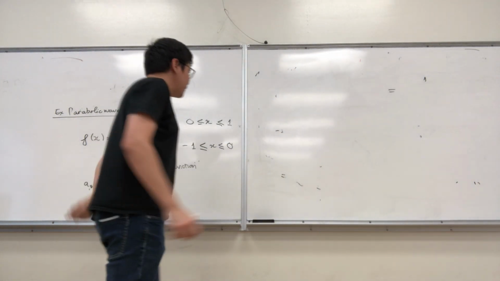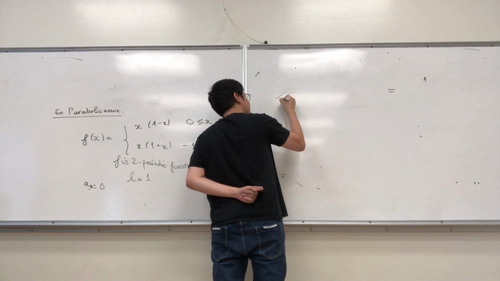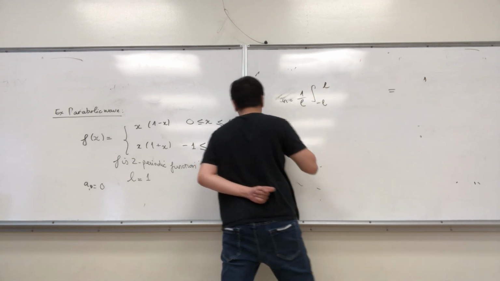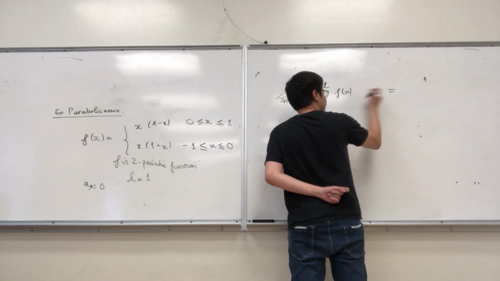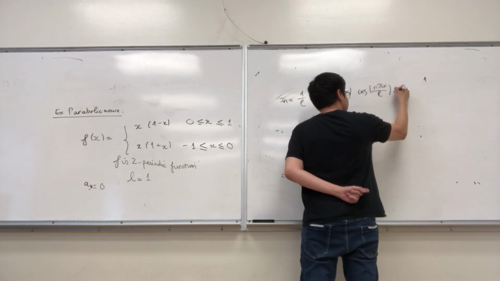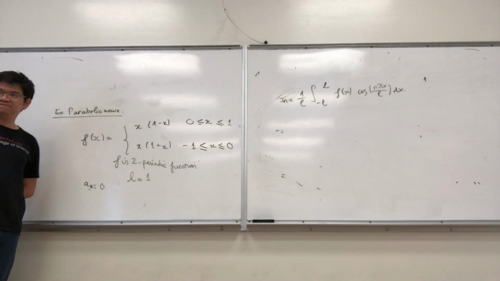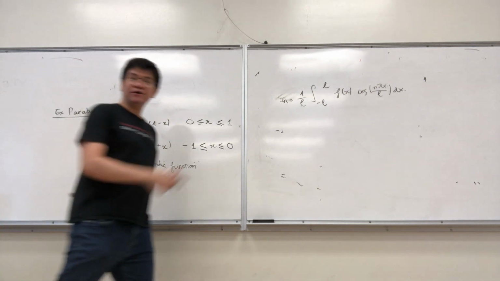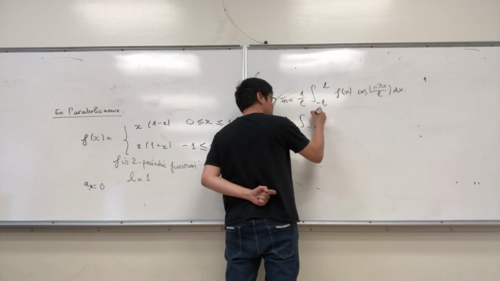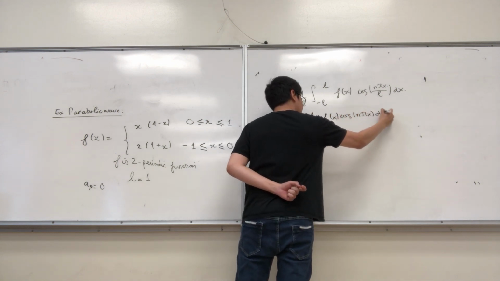So now I'm going to compute An. An is going to be the integral from -L to L of 1 over L of f(x) cosine of n pi x over L dx. So I'm going to replace L with 1. So this gives me the integral from -1 to 1 of f(x) cosine of n pi x dx.